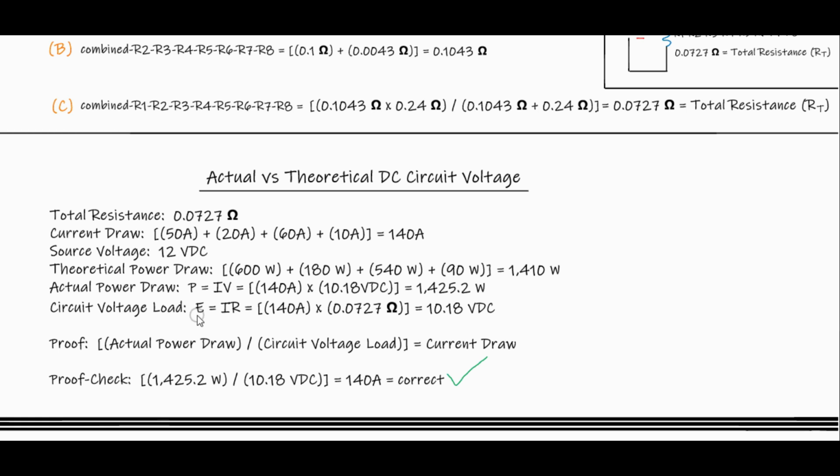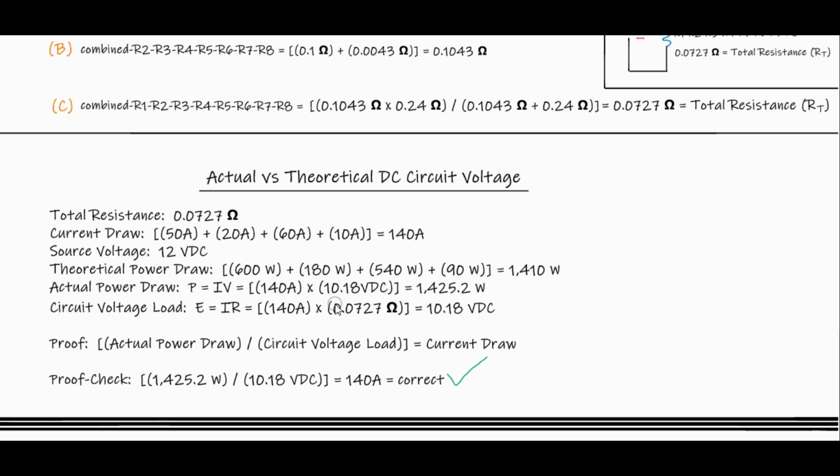So E is equal to IR. We know we have a current draw of 140 amps, and we know that the total resistance of the entire circuit, all resistors both series and parallel, equals 0.0727 ohms.